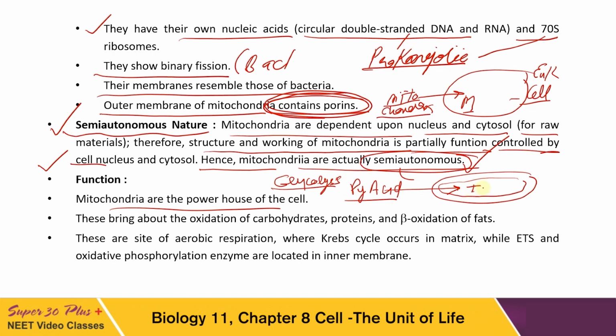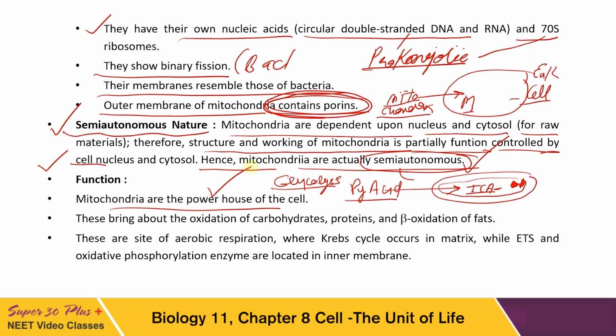Here the TCA cycle will be there, as a result of which energy rich compounds will be formed, which will go to the F1 particle, and where this energy will be released. Detail of this we have to see in the physiology respiration chapter.